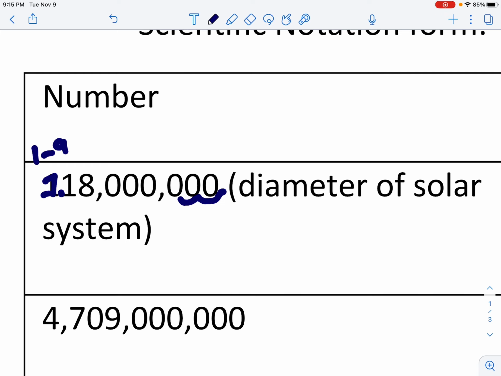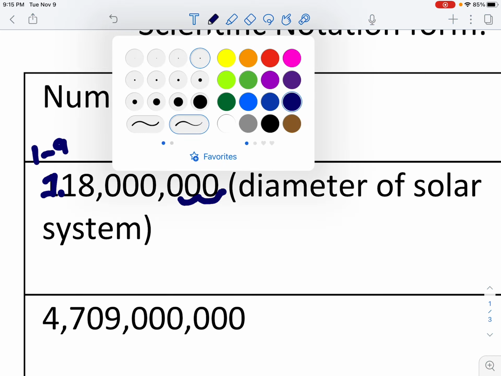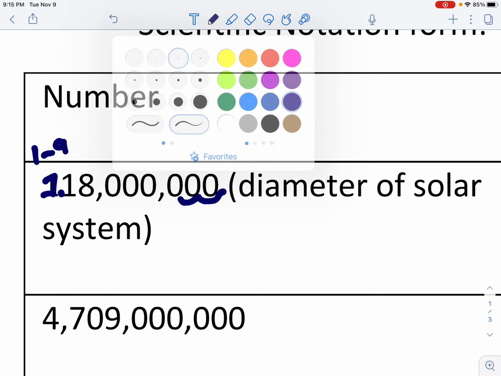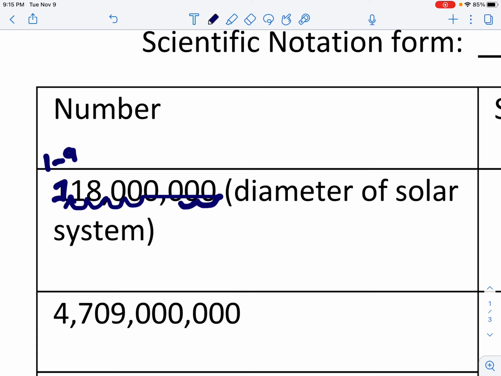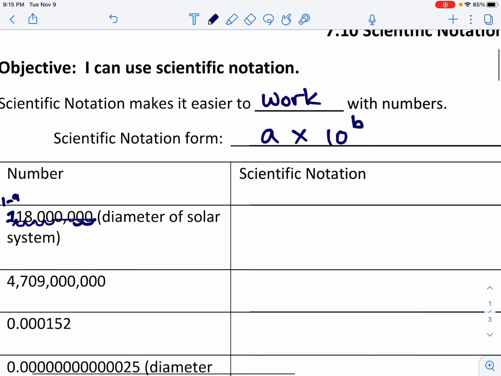So I have to count how many places I'm going to go back. So that would be 1, 2, 3, 4, 5, 6, 7, 8. So I'm going to stop right there, right before the 1, and I'm going to write it 1 point.